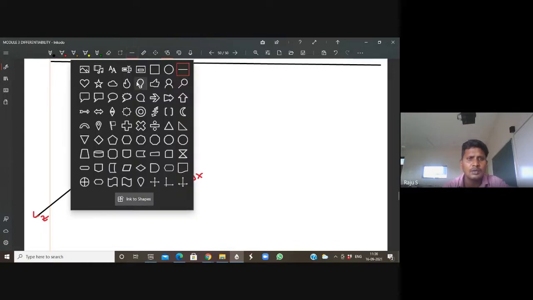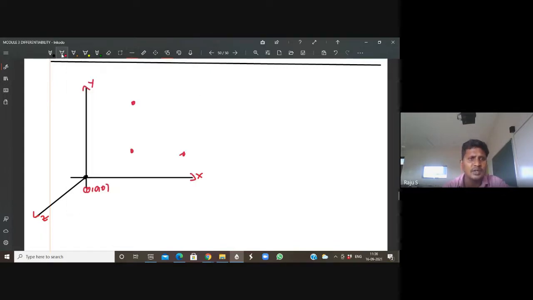Position vector means, as I told you, the initial point must be the origin. This is the point I'm taking as A. This is the point A. Let us consider this is B, this is C.